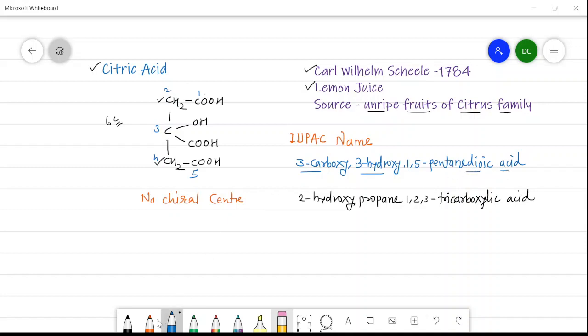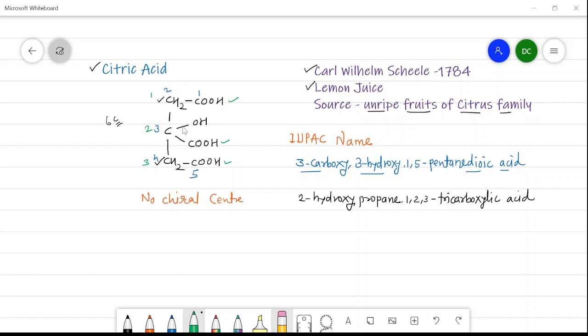In another way, we can name this compound by first carbon, then second, and third. We have to choose only 3 carbons in a chain. Then on the first carbon, second carbon, and third carbon, there is a presence of COOH, COOH, and COOH group. So it is a tricarboxylic acid.